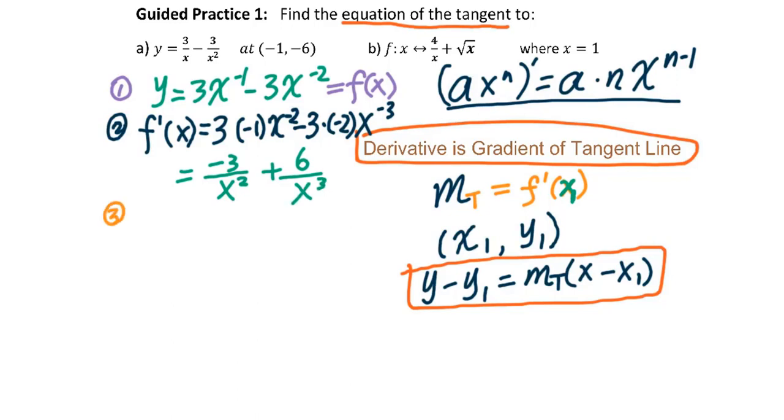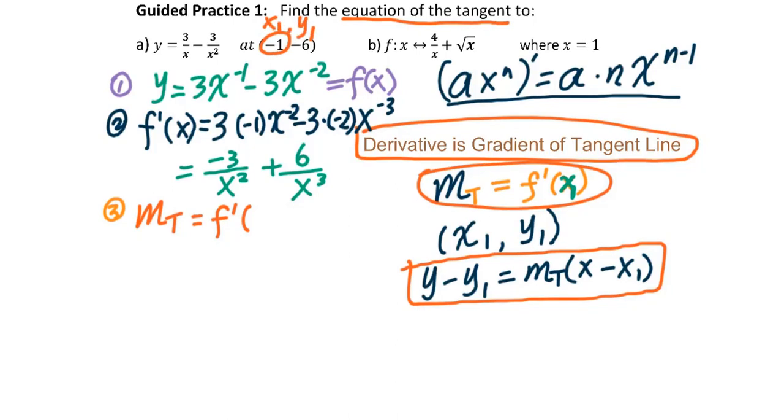Third step, let's figure out this slope. So mt equals f prime of, this is x1, y1, therefore that is f prime of negative 1. So we substitute the negative 1 into this derivative function.